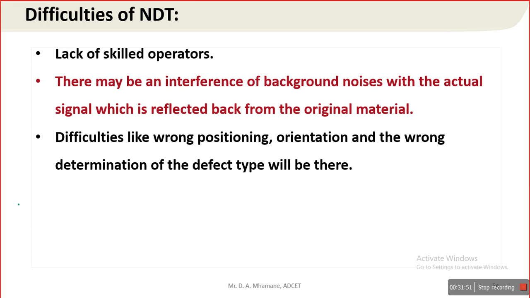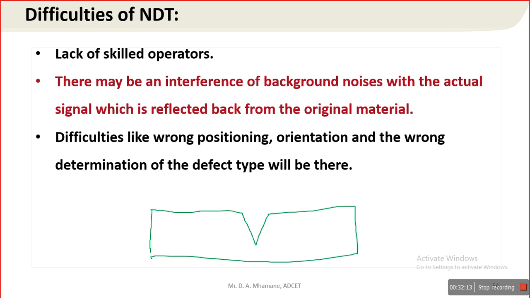Next one, difficulties like wrong positioning, orientation and wrong determination of defect type will be there. Suppose this is a plate, two plates, joined with the help of one welding joint.